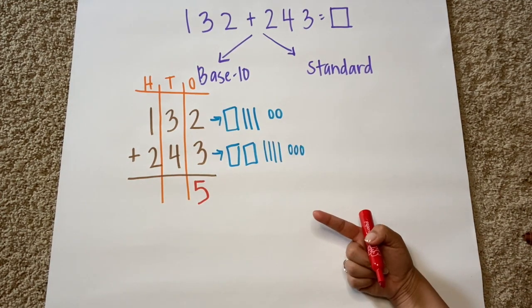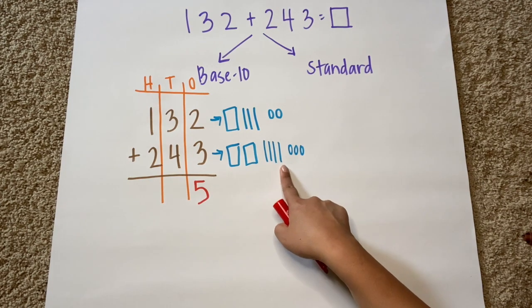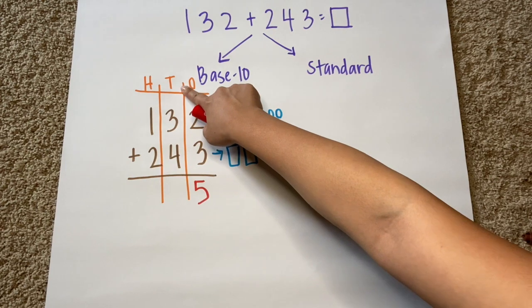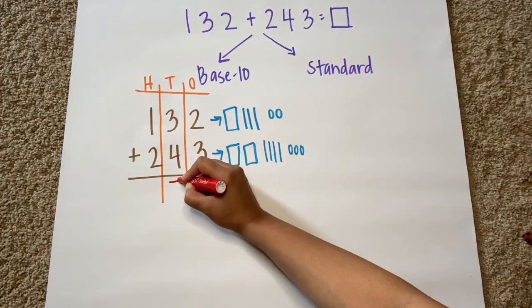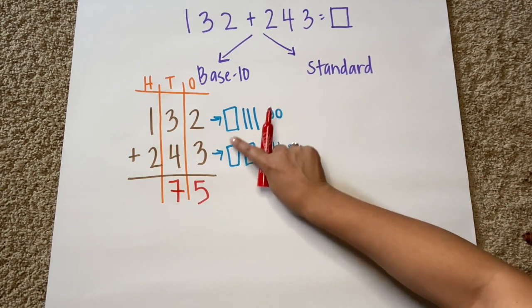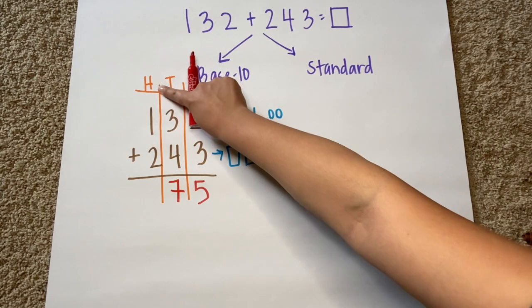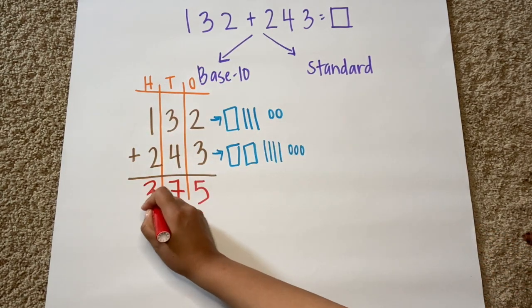Let's add our tens next. 1, 2, 3, 4, 5, 6, 7 10 sticks, which also equals 70. So we have 7 tens, so it goes in the tens place. And last, hundreds. 100, 200, 300, or 3 100 blocks, so it goes in the hundreds place.